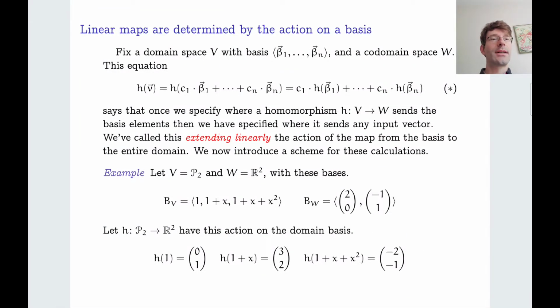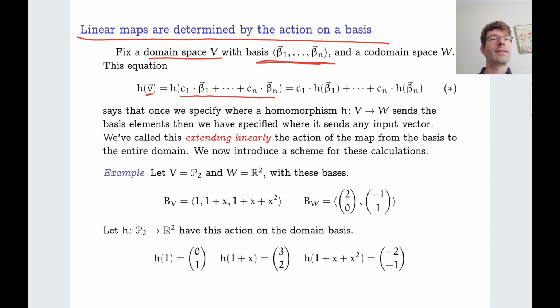Let me start by reminding you that a linear map is determined by its action on a basis. So if we know what a linear map h does to some basis vectors, then we know everything about the linear map, because take an arbitrary vector from the domain space V, represented as a linear combination of the basis like this.